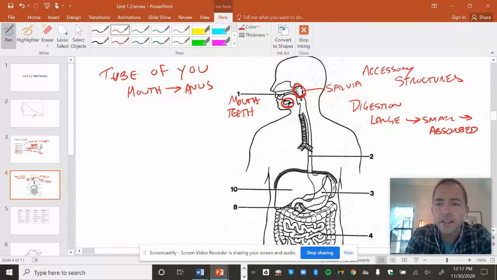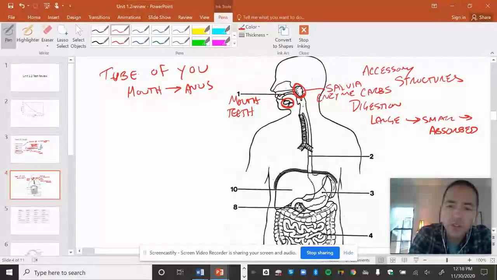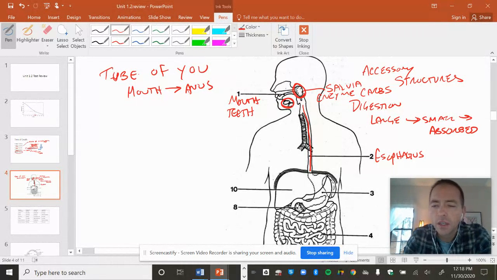And saliva, yes, has lots of water, but it also has enzymes that can help us with things like carbs. It'll start breaking down some carbohydrates. It then moves into this tube here that's all lined with smooth muscle, and that's the esophagus. The esophagus is going to do this involuntary contraction, squeeze all your food down to number 3, which is your stomach.